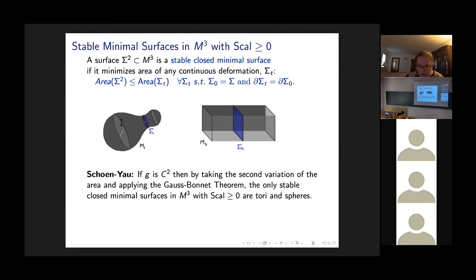About every point in here, you can have a small little ball intersecting with it, and then it will have boundary, and then you can check, and it will be minimal. But globally, this one is not minimal. It's unstable. And this one's similar. It's not globally stable, but local perturbations will be minimal. So these ones are called minimal surfaces, but they're not stable.